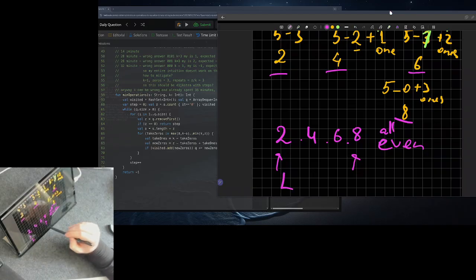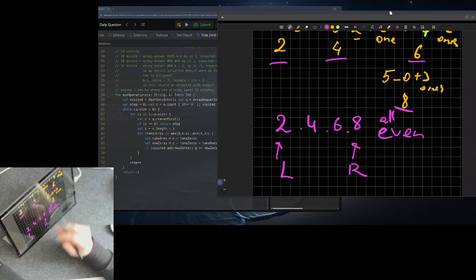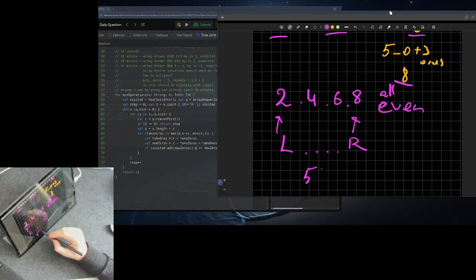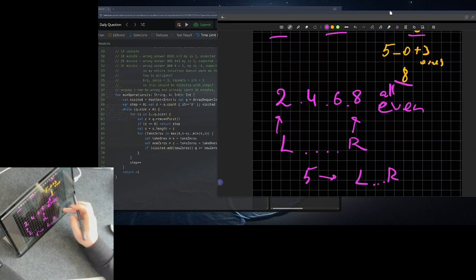So this is left and this is right sides of this range. So we can say that our jump from 5 is exactly a left-right range expansion.